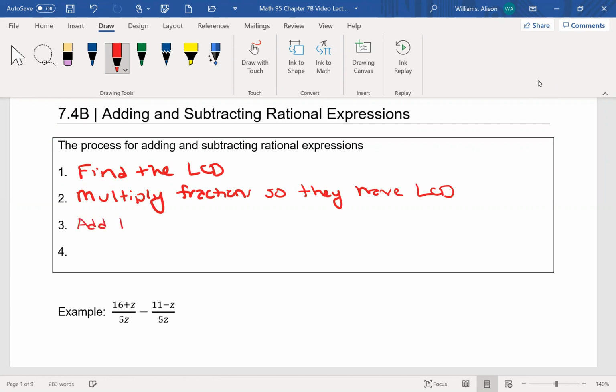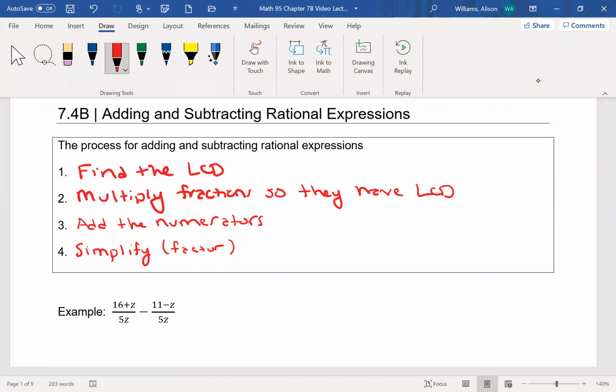You might remember when you are adding and subtracting fractions, you just need to add the numerators. And then the last step, and it's an important step, is to check to see if you need to simplify. When you're simplifying, you're basically looking to possibly factor and cancel common factors. I'm referring to that process where we may have to factor. It doesn't always happen, but it might, and we need to check for it.